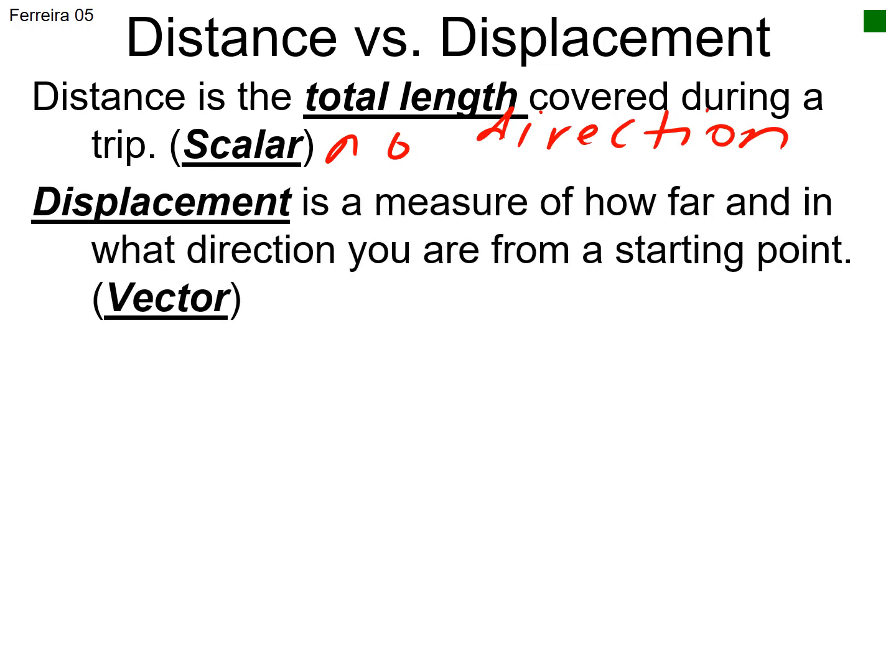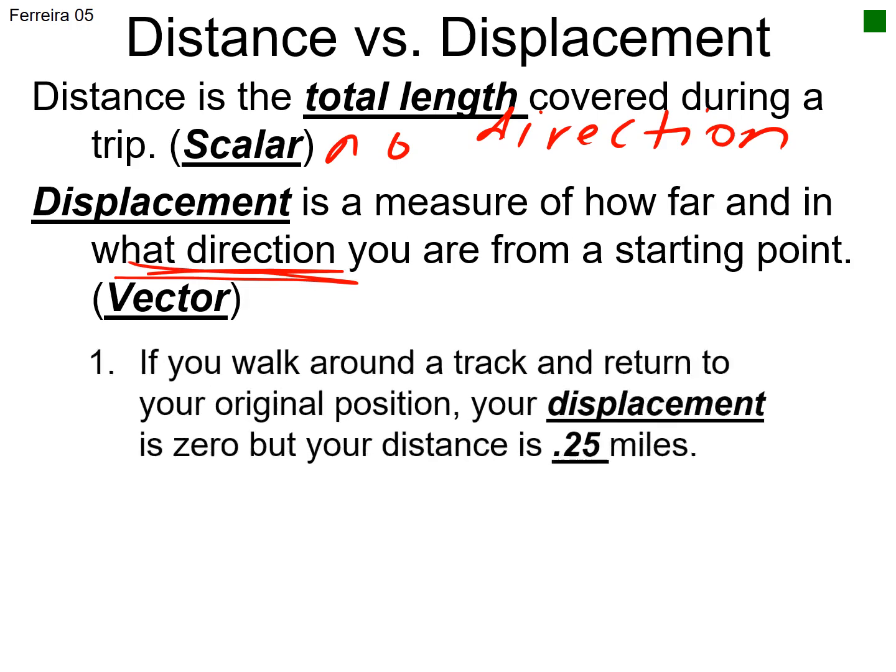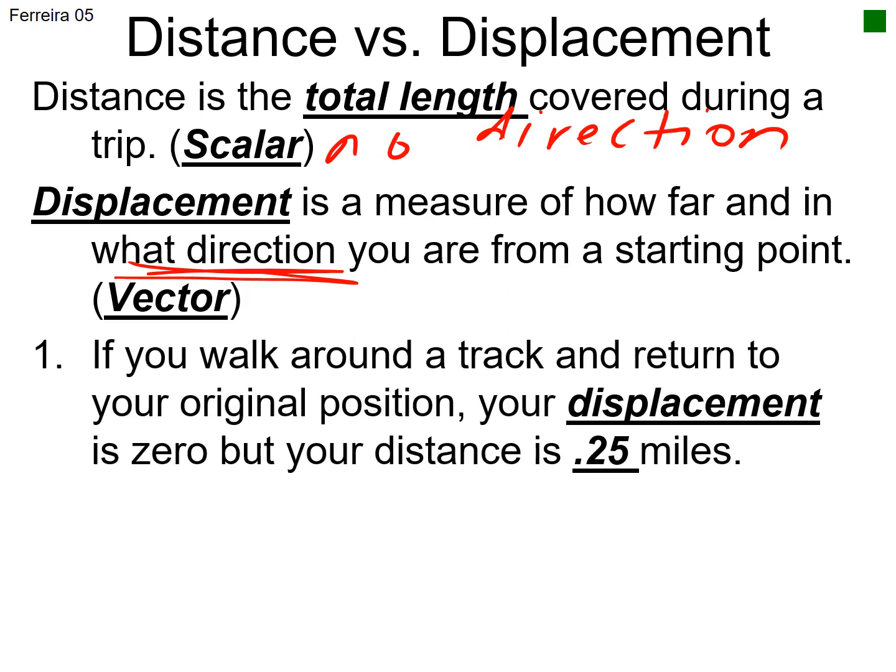Displacement is a measure of how far and in what direction you are from a starting point. So displacement is a vector quantity. For example, if you walk around a track and return to your original position, your displacement is 0, but your distance is 0.25 meters.